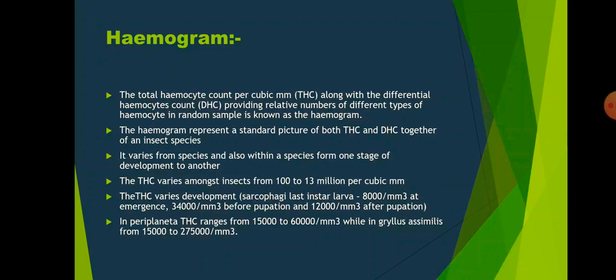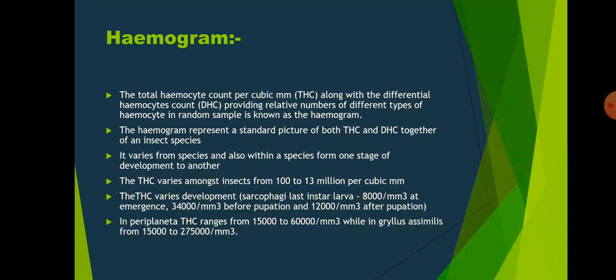The THC varies with development: last instar larva 8,000 per mm3, at emergence 34,000 per mm3, before pupation 12,000 per mm3, then after pupation.